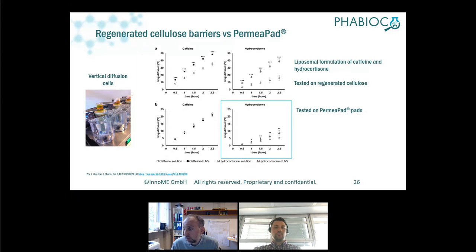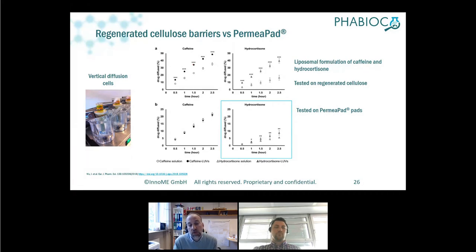In these other studies, we have tested the PermePad barrier with liposomal formulations of 2 different drugs, caffeine and hydrocortisone. And what we found is that if we tested this regenerated cellulose barrier, the predicted permeability was significantly higher for both caffeine and hydrocortisone.